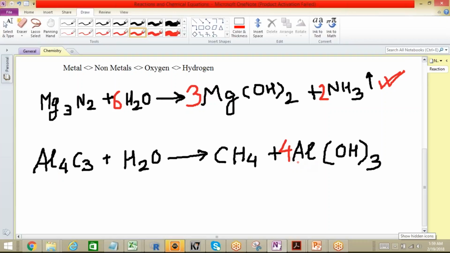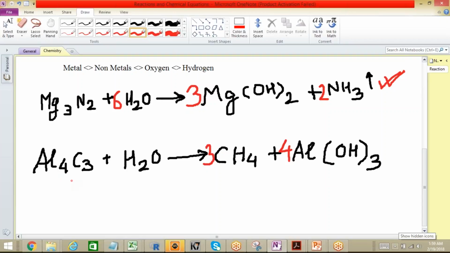Fine. Next one, let's talk about a non-metal, that is the carbon. We have C3, that is three atoms of carbon here, and here we have only one atom of carbon. So let me put three times CH4 as well, right? Again, let's check if everything is fine, four aluminum atoms, that's fine.